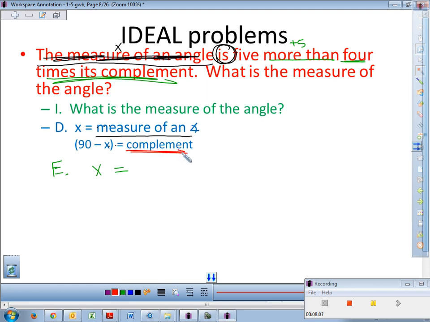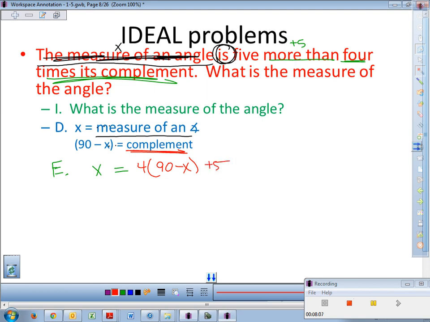Don't we know what the complement is? It's 90 minus x. I need 4 times that. So how would I write that? 4 times the quantity of 90 minus x. This right here says 4 times the complement. Correct? Is there anything else I need in this equation to finish it off? We've got to throw that plus 5 at the end. There is our equation right there.